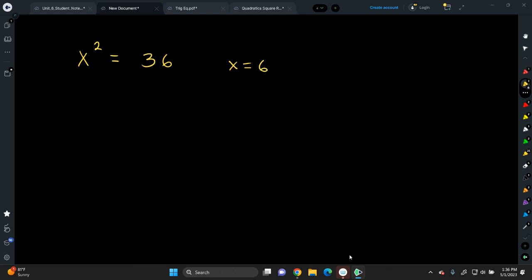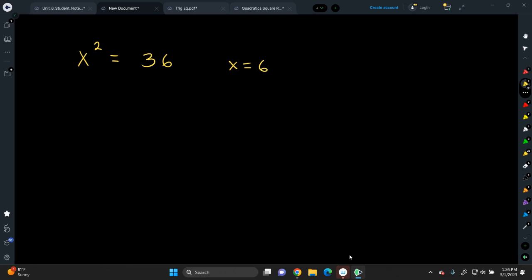So for instance, if we had x squared equals 36, I bet you could all tell me what x equals without doing any work. What does x equal? 6. Why does x equal 6? Right, because 6 times 6, which is 6 squared, equals 36.